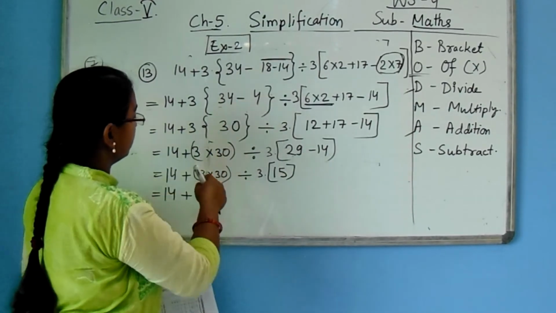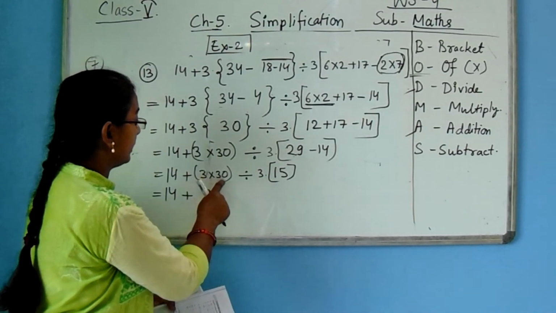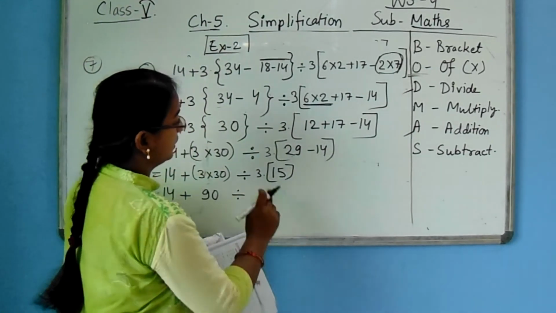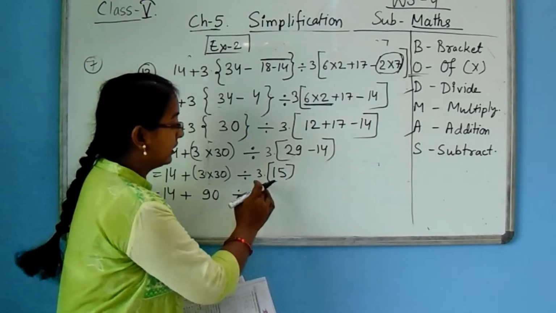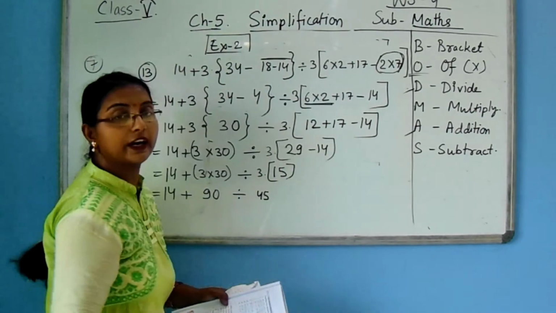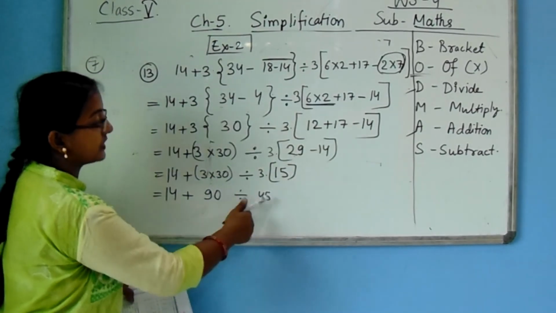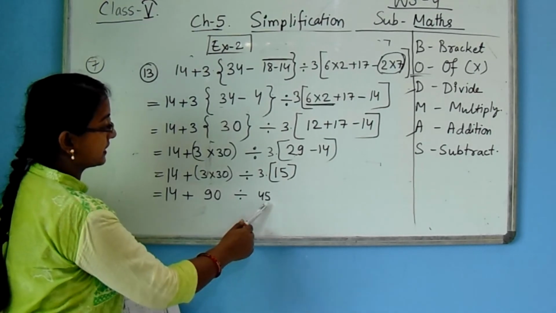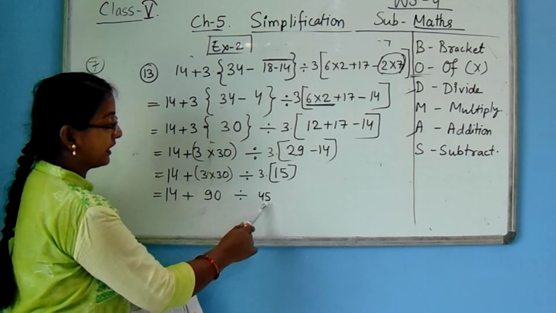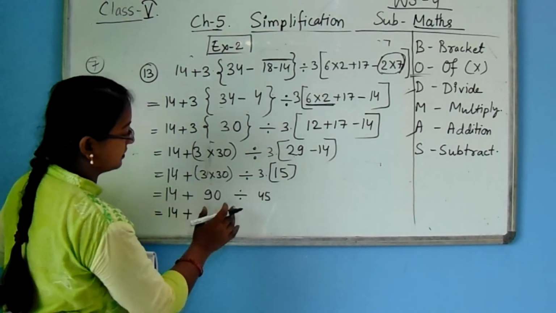So this term is multiplied, and 3 is a whole number, so it will give a whole number. 3 into 15 means 45. And now the division process. Division is given here: 90 is divided by 45. It gives your answer.